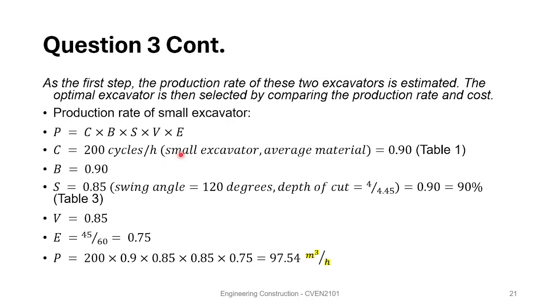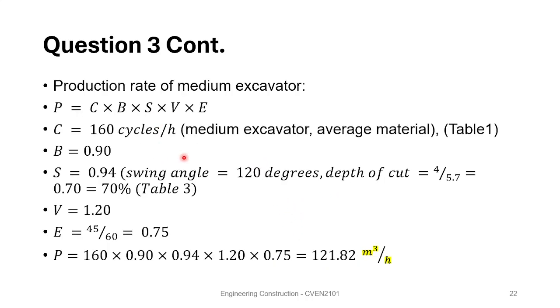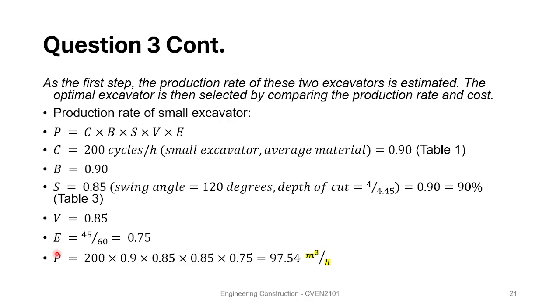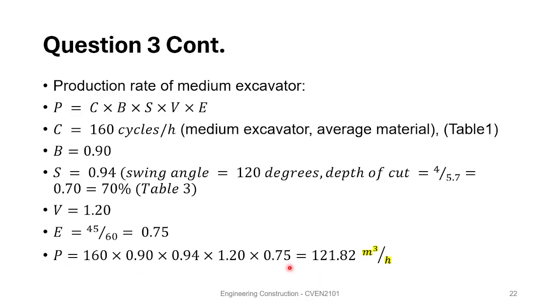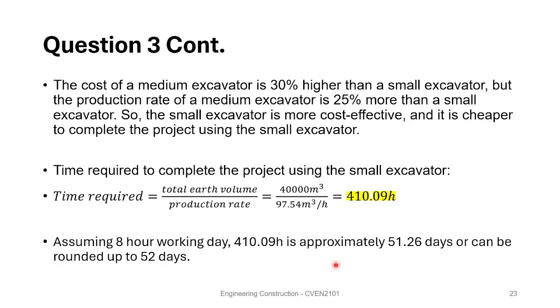So once you do it for the small excavator and then you do it for the medium excavator, you get these two values that you can compare. Okay, so P for the small one is 97.54 and P for the medium is 121.82. And then we bear in mind that it costs 30% more for the medium excavator compared to the small excavator. So we just want to see if it's worth it or not.